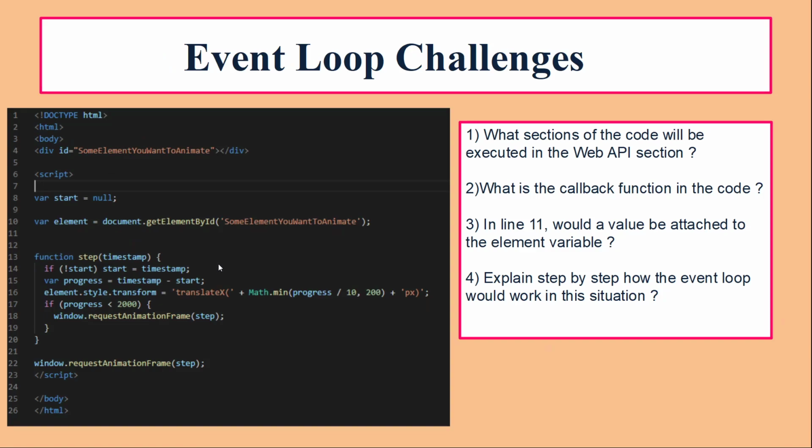Now this is the event loop challenge. I would like you to see if you can answer the questions. If you can answer the questions, especially number 4, this means that you have an excellent, outstanding grasp of the whole thing, because what we have here is a recursive function, which means that within the function, it's calling itself.